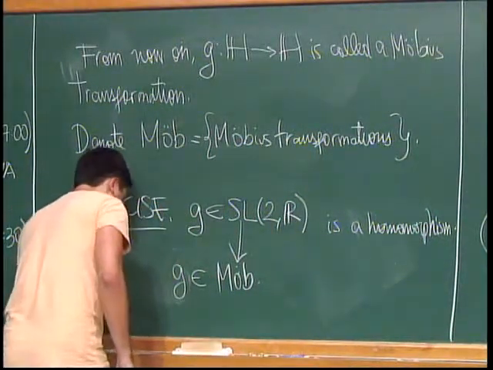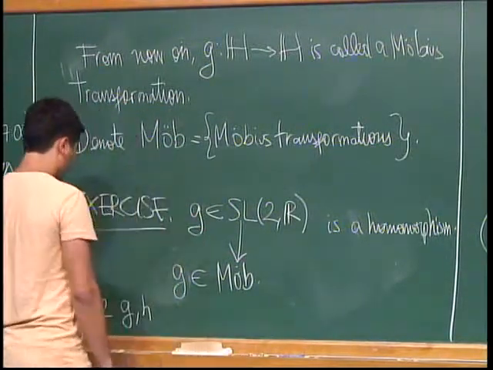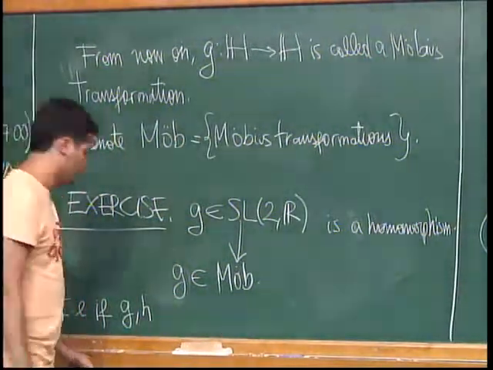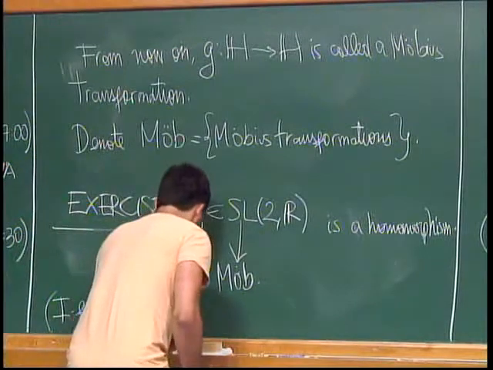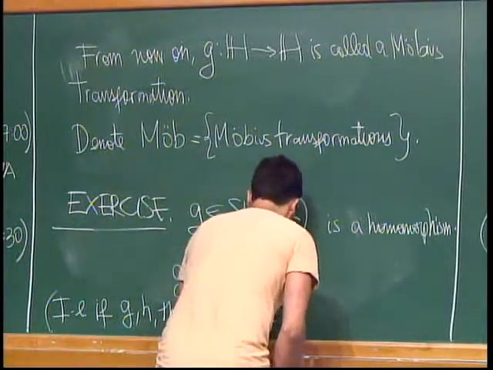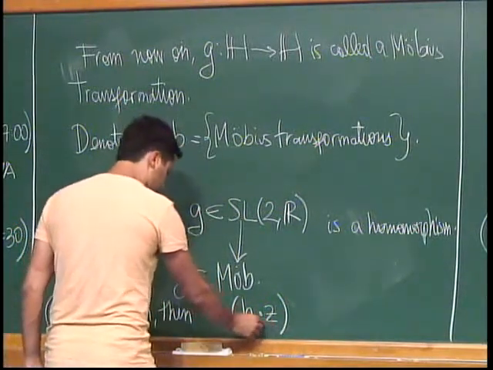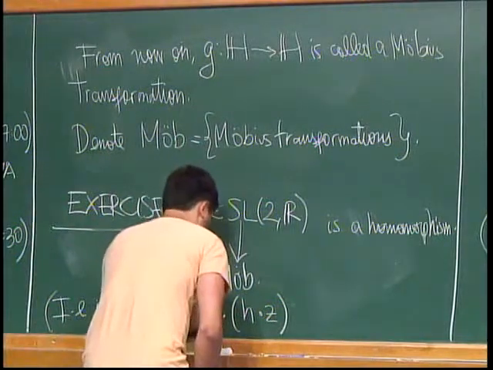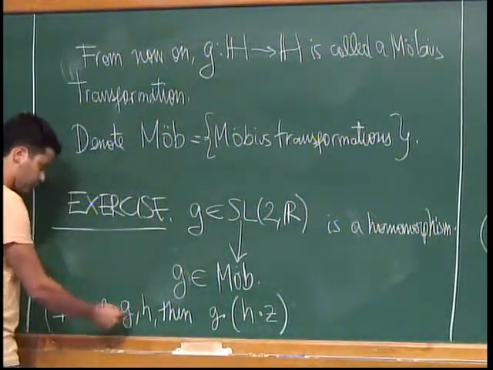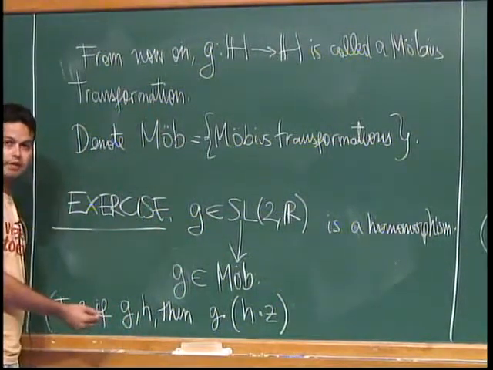if you get two matrices G and H, then you have two maps defined. You have the map G and you have the map H. So you can consider the composition of these two maps. You get a point on the hyperbolic space, you apply H, and then you apply G. But you also have that if G and H are two matrices in SL2R, the product of them is also a matrix of SL2R.